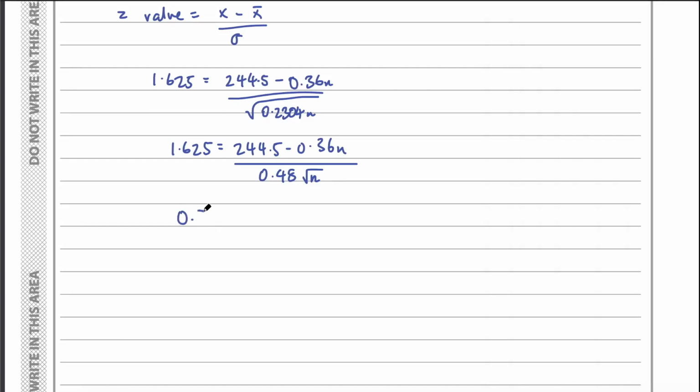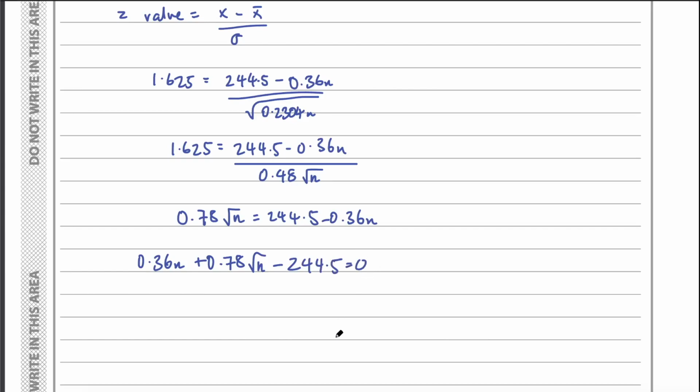So on the left hand side, I'll get 0.78 times the square root of n equal to 244.5, take 0.36n. Then I want everything on the left hand side equal to 0 on the right hand side. So if I add these and subtract from the left hand side, I'll have 0.36n plus 0.78 square root n take 244.5 equal to 0.